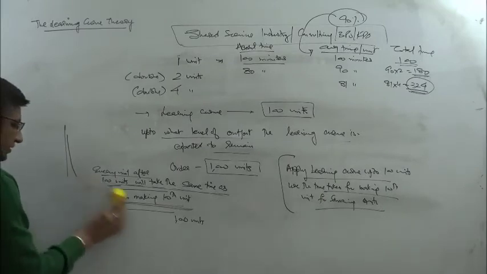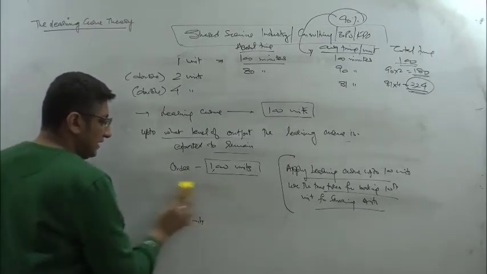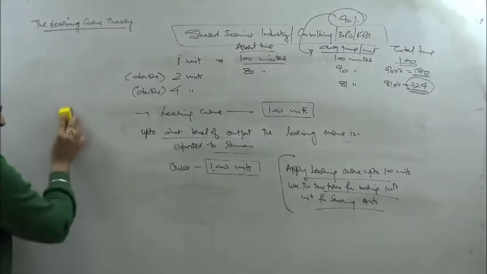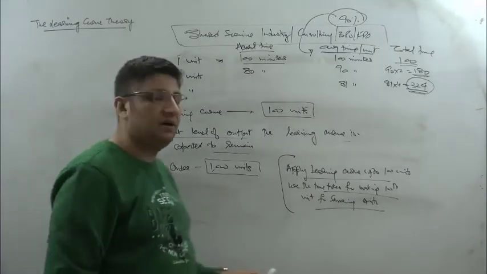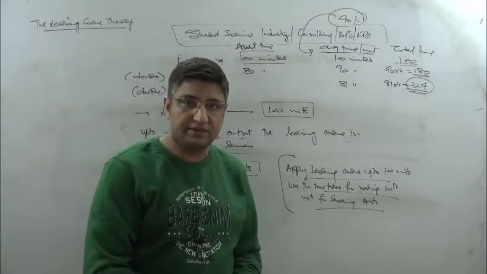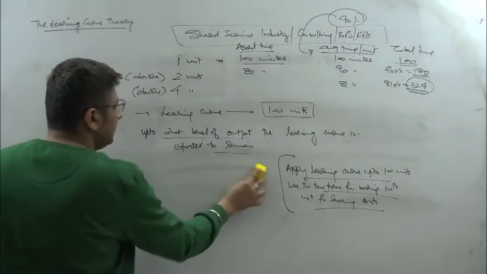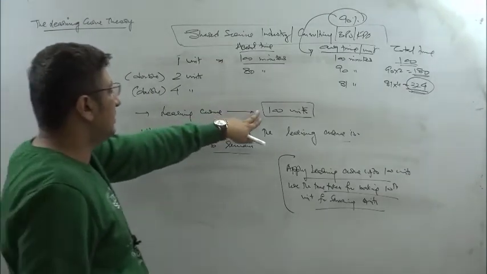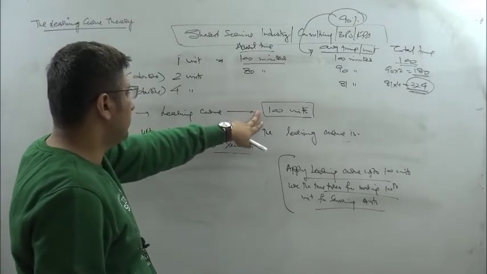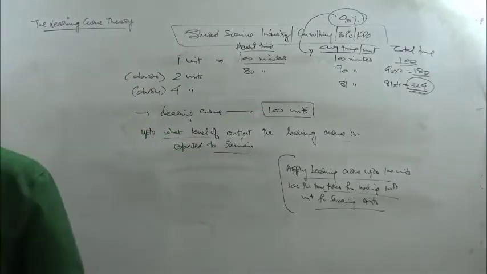How to measure the time taken when you look at, let's say, a learning curve of, for example, 90%. So we are saying here that my learning curve remains up to 100 units, and after that there is no learning curve.